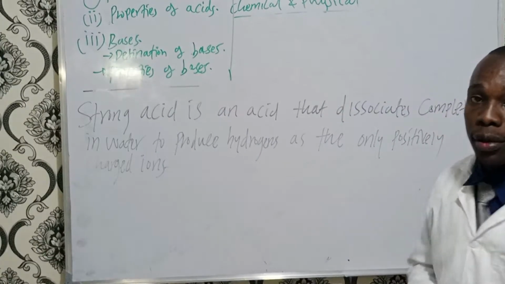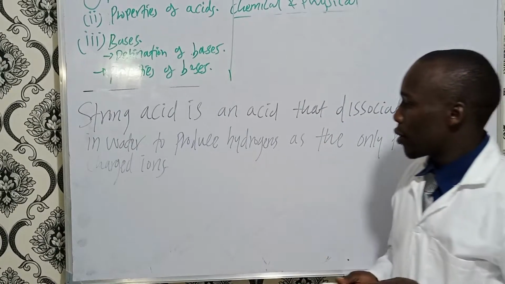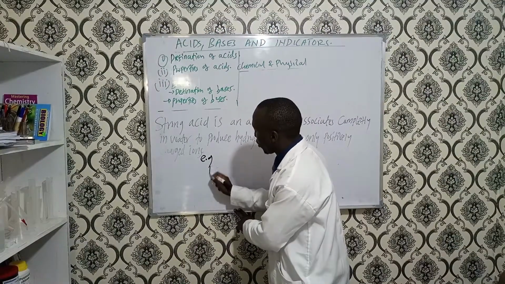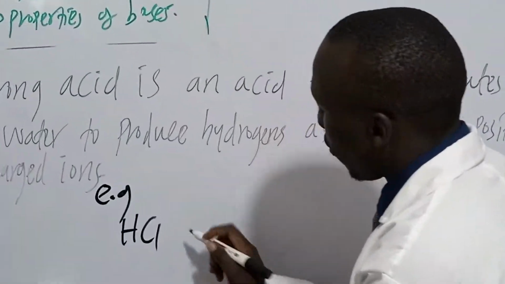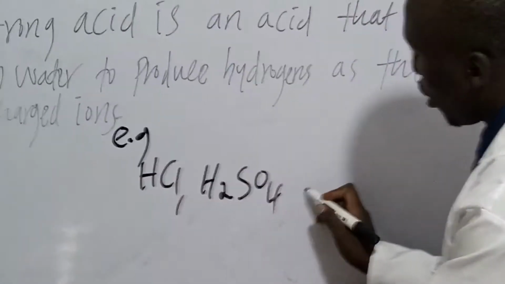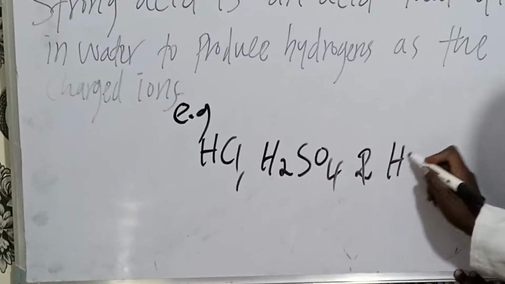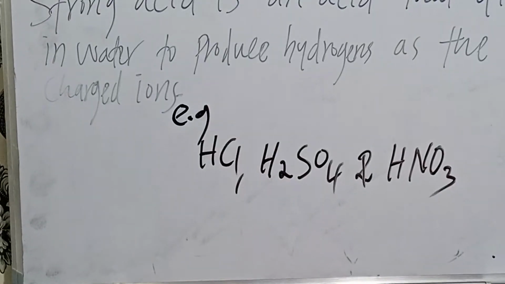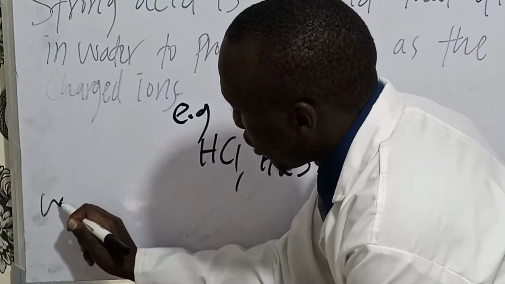Ions, and we have examples of strong acids. One of the examples is HCl, hydrochloric acid. We have sulfuric acid and nitric acid. So those are the examples of strong acids. On the other side, weak acids.